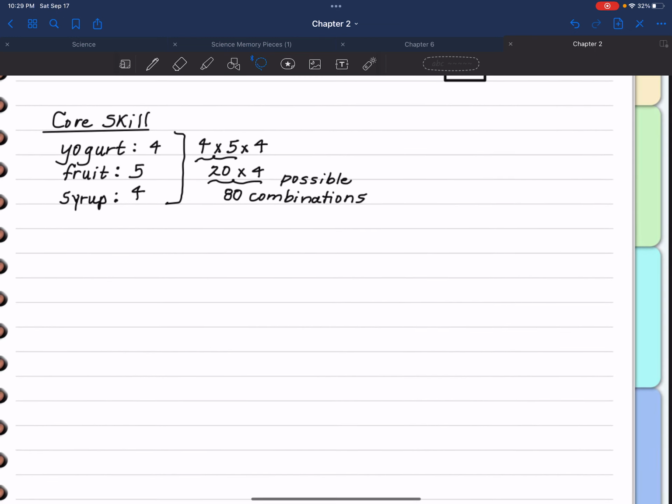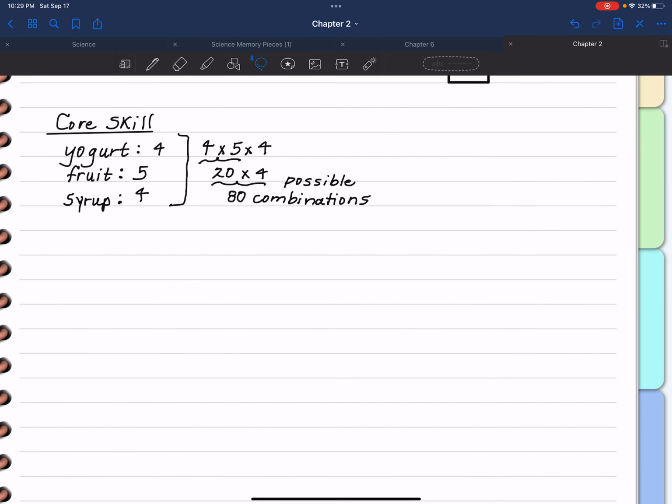Okay, let's take a look at the bottom of page 64 and talk about permutations. Permutation. And I'm going to give you a definition if I can find one that makes sense.